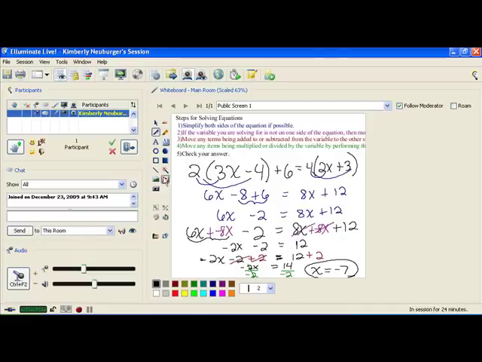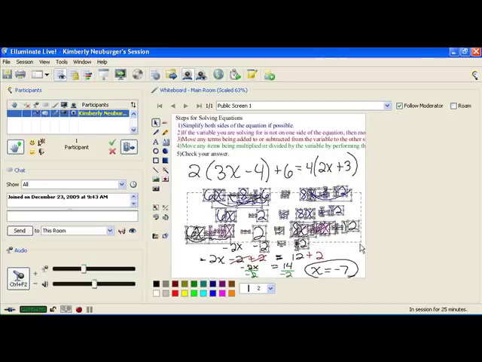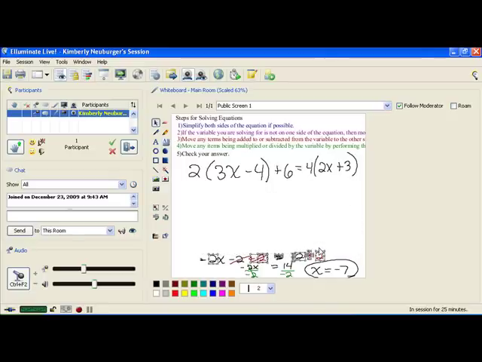We need to check it, which is our last step. So we're going to go ahead and go all the way back to our original equation. And I will erase the stuff in between here, so we have some room. And we're going to plug that in and see if it works.